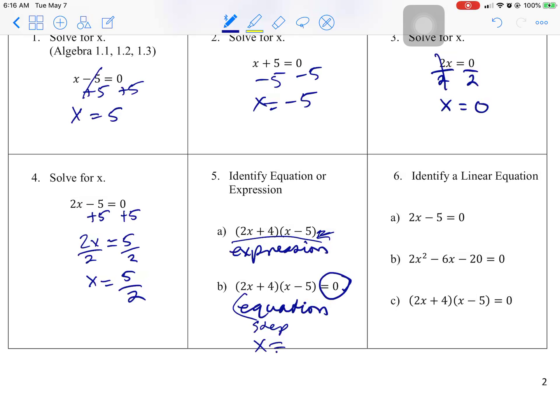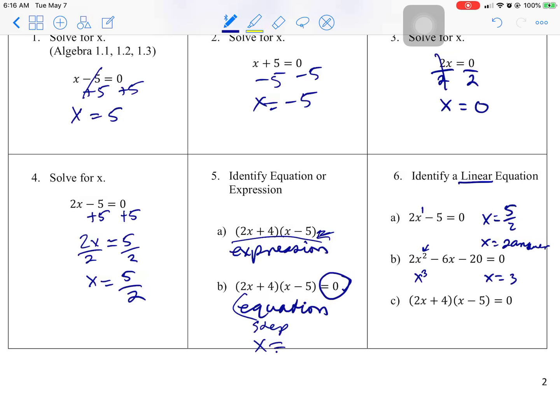A linear equation is when you have x to the first power. You're going to solve this and get x equals 5 over 2. That's one answer. When you have a quadratic, which is an x to the second, you're going to have two answers. We're going to do one problem that has an x to the third in its original problem.